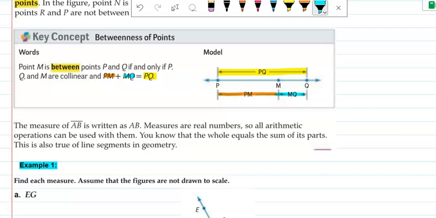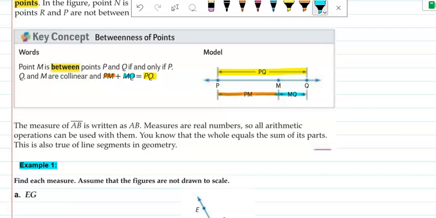I always do food analogies. So like, if you take a cookie or a chocolate bar or something and you're sharing with your friends, right? You might break it up into pieces to make it easier. But once you put it back together, you can find the entire length of it or how big it used to be. Or sometimes even like when you're walking to your classes, right?